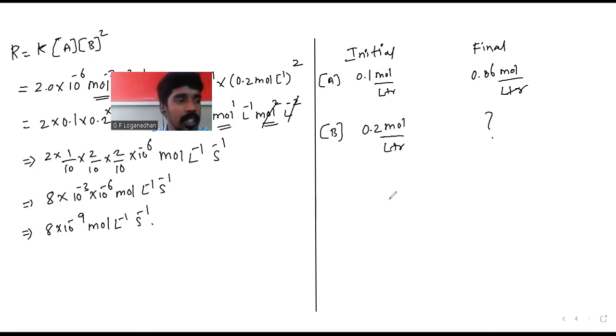The reaction is 2A plus B gives rise to A2B. You see, if 2 moles of A is reduced, then only 1 mole of B is reduced. 2A will be reacting with only 1B. If 2 moles of A is reduced, only 1 mole of B is reduced.